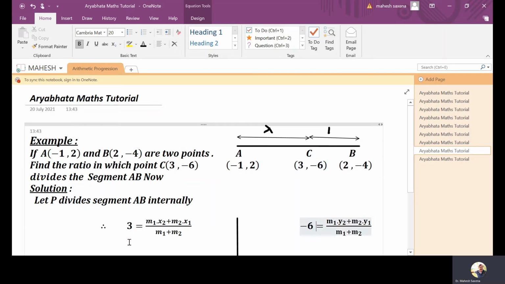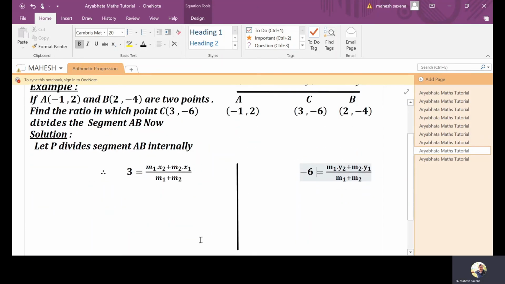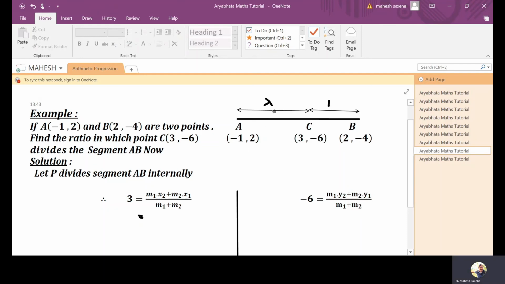Therefore, in this case, 3 is equal to (m1 into x2, that is lambda into 2, plus m2 into x1, that is 1 into minus 1) upon (lambda plus 1).